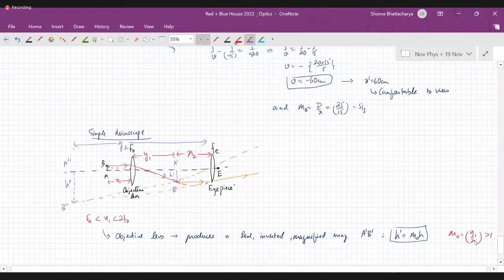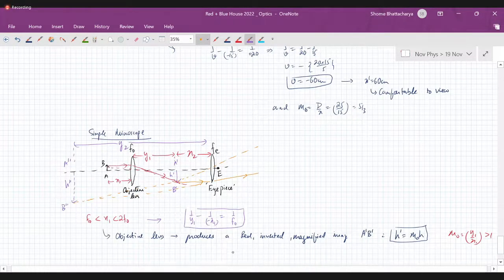So first of all, you have a relation between these two. From here, you have 1 upon y1 minus 1 upon x1 is equal to 1 upon f0. So from that, you can find this. Okay.